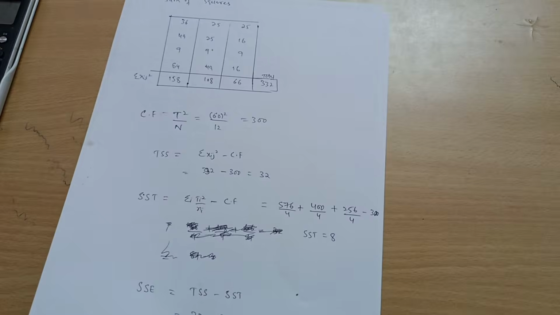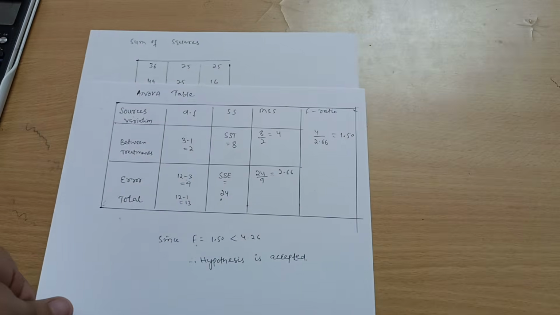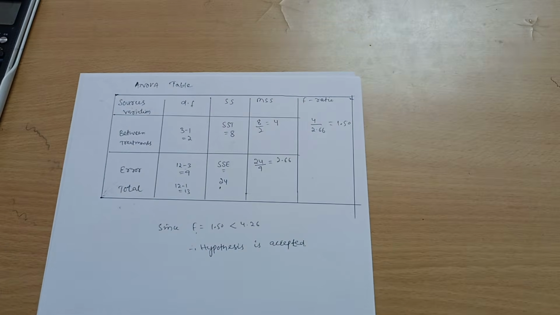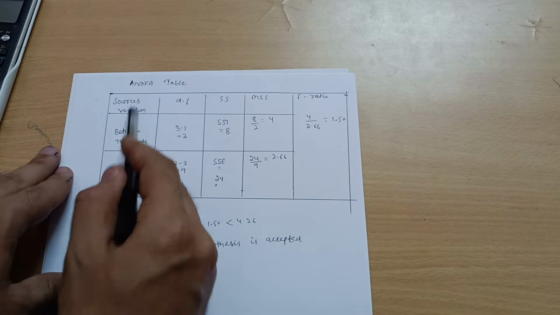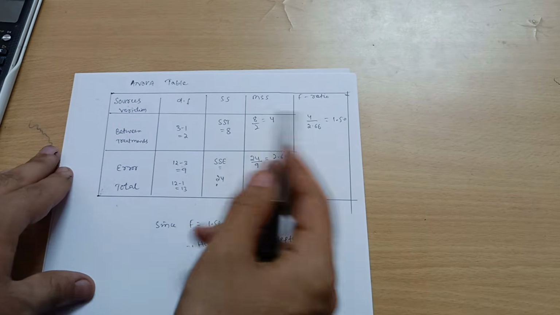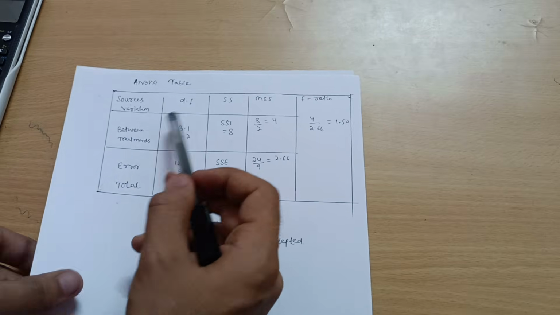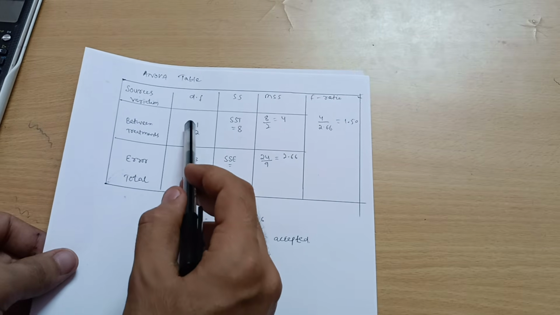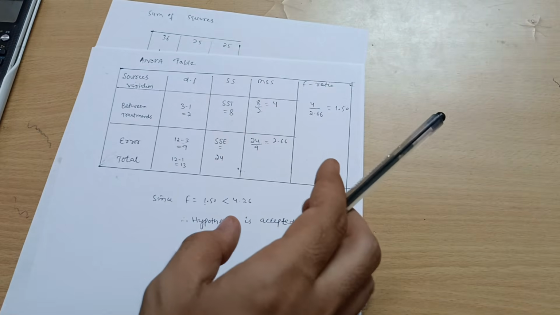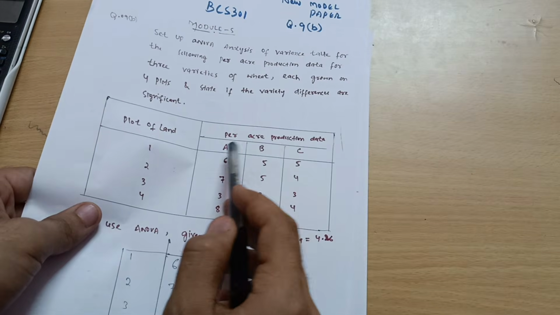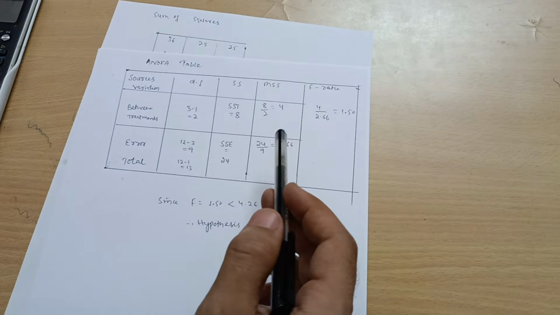Then we need to formulate the ANOVA table, which consists of the sources of variation, degrees of freedom, sum of squares, mean sum of squares, and F ratio. So this is your ANOVA table. For between treatments, the degrees of freedom formula is k minus 1, where k is the number of treatments, that is the per acre production data A, B, C, that is 3.